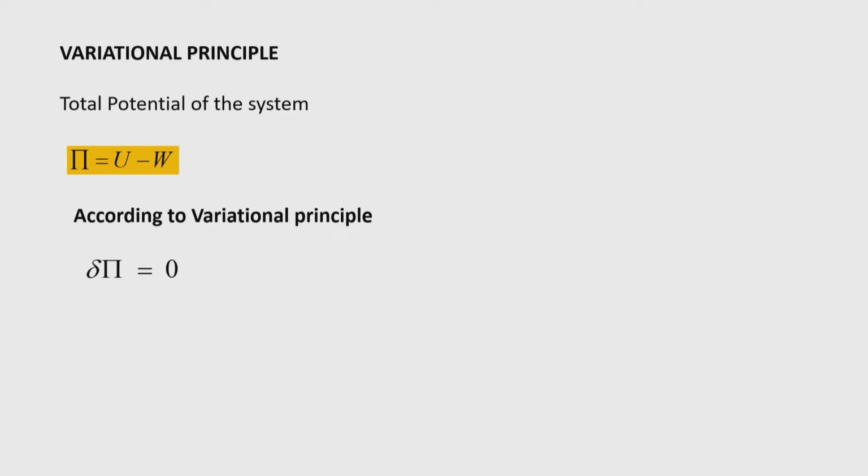That has immense significance in physical problems encountered in our engineering applications, because this single equation, where delta represents the variation of the total potential, is 0. This is possible because of minimum potential energy at the stable equilibrium configuration.